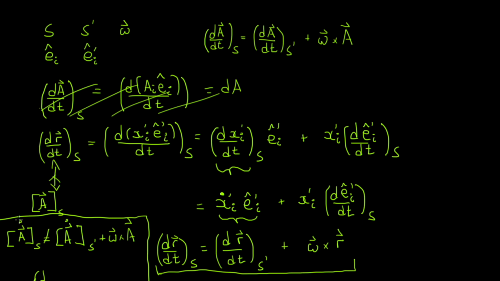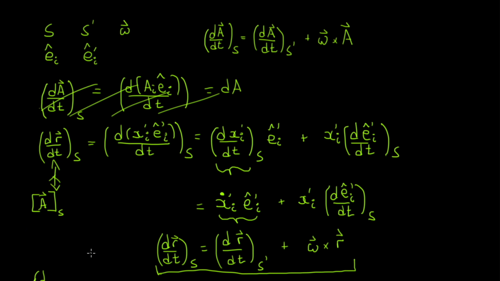Then we look at the mathematical object of that expressed in the S basis, and then we do the same thing and express it in the S prime basis, and then we add stuff to those column vectors. We add omega cross A and they become equal. That is not true. I don't believe that is a useful result. Maybe I'm wrong there. This is where I'm less certain. But what I do feel pretty confident in is that if we use this notation, what I've derived here makes sense for me.